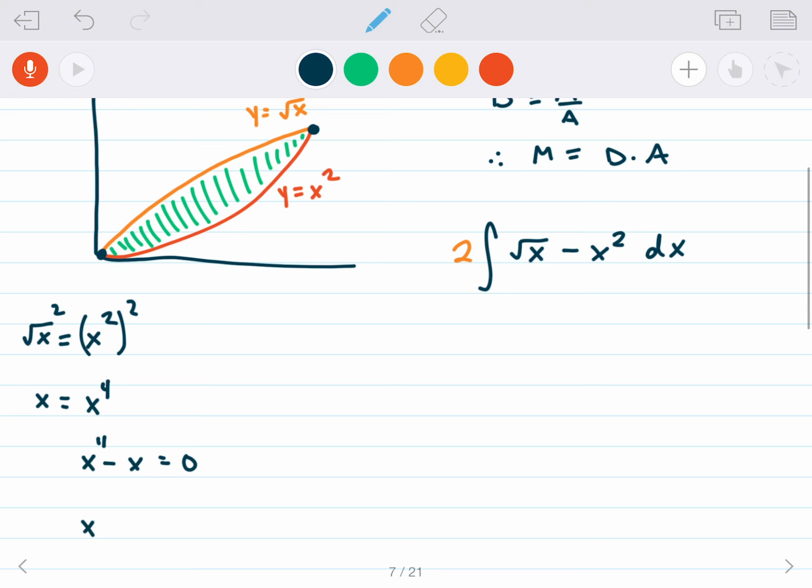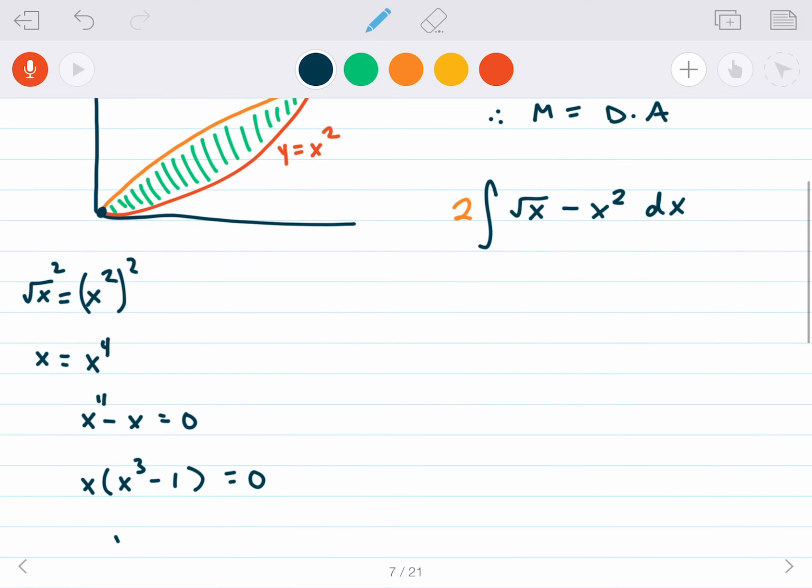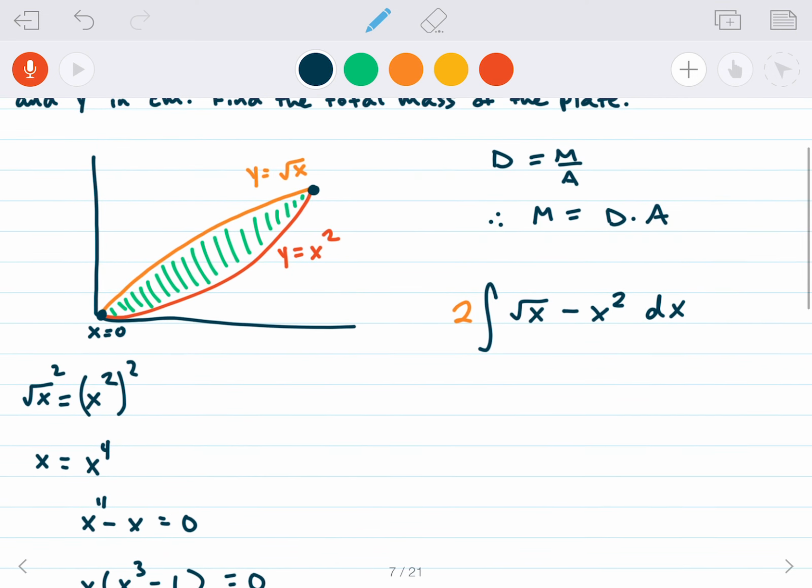Factoring out an x, I get x times x to the 3rd minus 1. Then setting each of these equal to 0, I get x equals 0, and x to the 3rd minus 1 equals 0, so x equals 1. These two points are my points of intersection, so they are my bounds. Starting at x equals 0 right here, and ending right here at x equals 1.